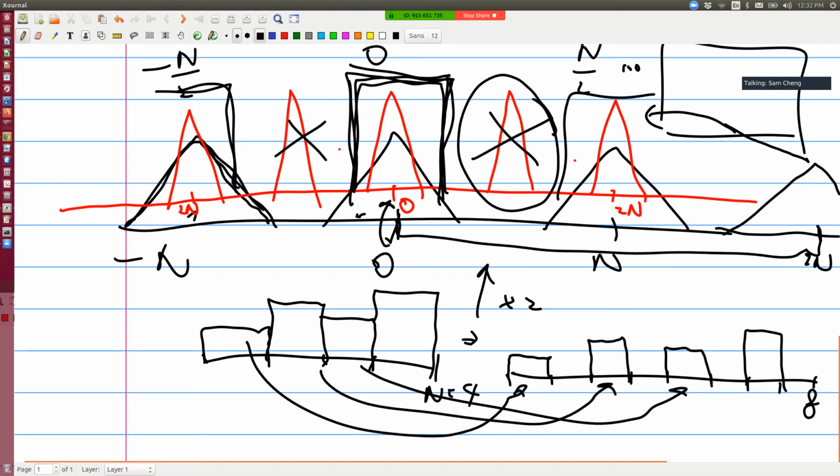A perfect low pass filter. Do you remember what the time domain representation for the perfect low pass filter is? When you do a Fourier transform, you get a kind of rectangular block. I think someone answered me last time.